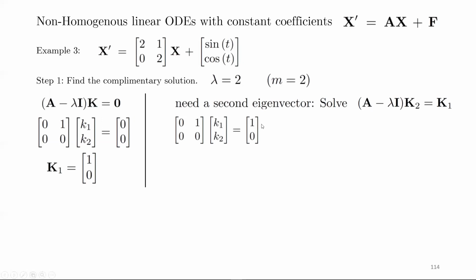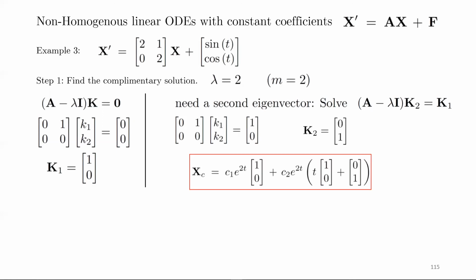Or in other words, k2 equals 1. k1 can be anything, so let's just set it equal to 0. And therefore, my complementary solution is like so. You may like to refer back to the case 2 summary slide to make sure that you understand how I got this complementary solution here.